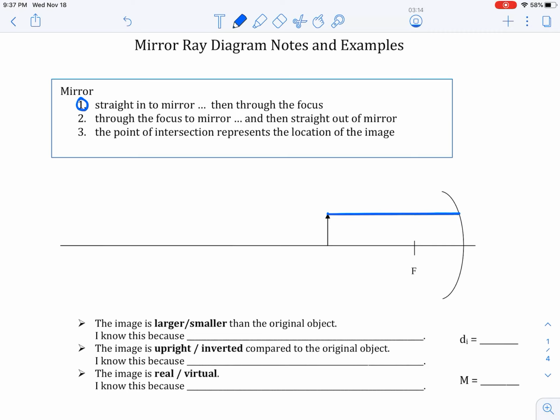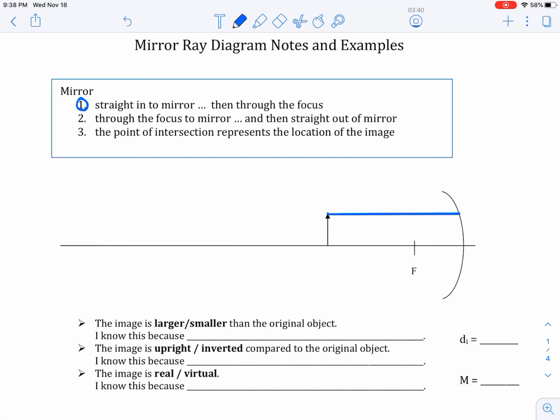Now, I need to clarify something for you here. Really, what we mean by this is that your ruler has to pass through the focus. You have to understand that you are illustrating the actual movement of the light. So we are going to draw straight lines to show where the light physically travels.